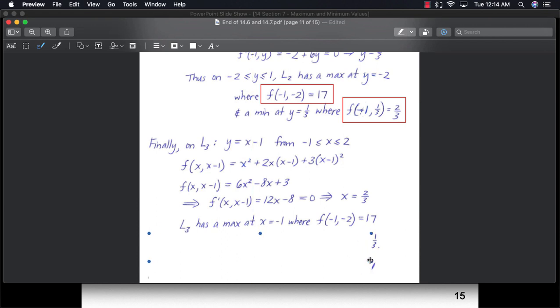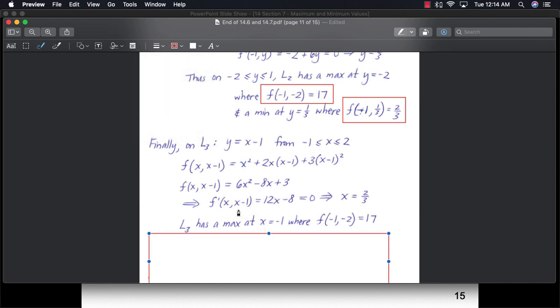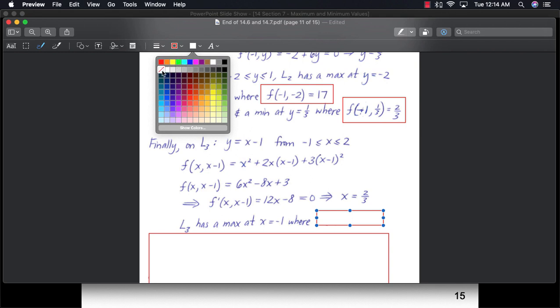Now notice I'm kind of repeating myself here. Notice that L3 and L2 share a similar endpoint. They both share the endpoint -1, -2. So it's no surprise that they have the same value of 17 there.